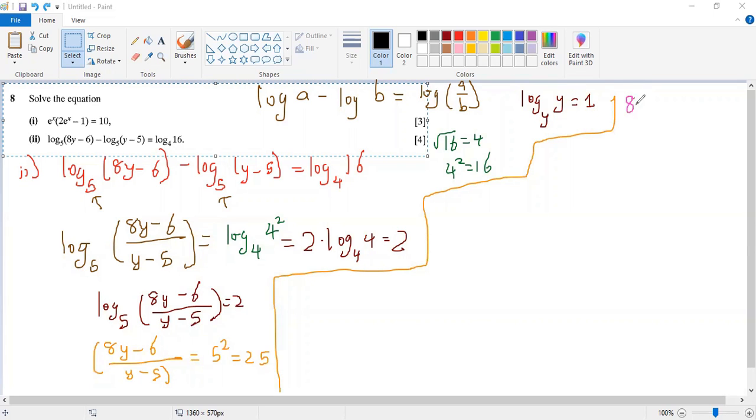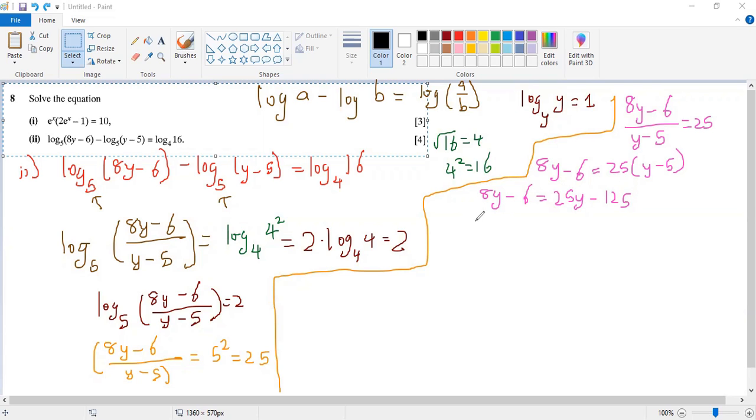Okay, let's try to solve it on this side. So (8y - 6) over (y - 5) equals 25. Multiplying through, 8y - 6 equals 25 times (y - 5). So 25y minus 125.